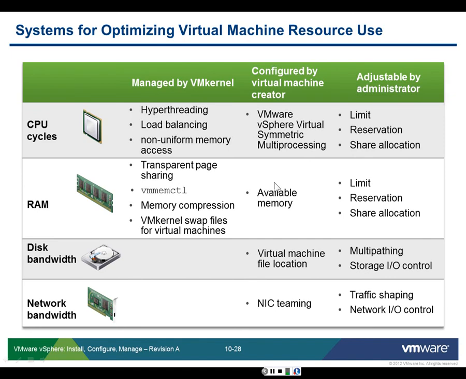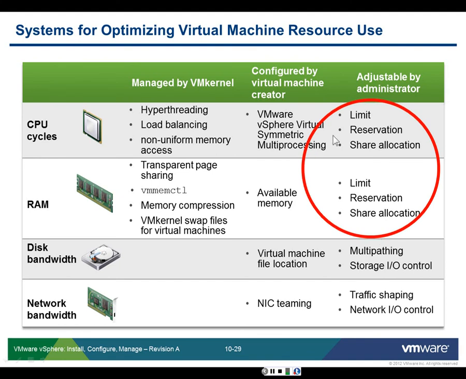Assigning sufficient memory, storing the virtual machine on a high-speed disk or data store, and implementing network interface card teaming. So that is for systems which are being set up. But we are focusing on administrating a system which is currently running. And this is what we will focus on.